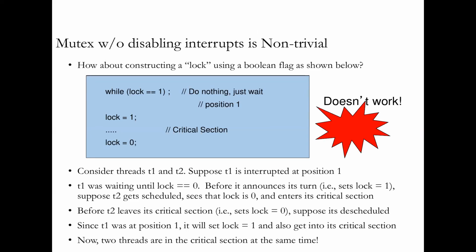And this is something that is clearly not what we expect. Because of this corner case, when something can get preempted in this gap, now we have 2 threads in the same critical section, and that's really bad. Because now there is no protection, no mutual exclusion that we're trying to achieve. So that is a problem. Okay, it doesn't work. Any questions about this example?